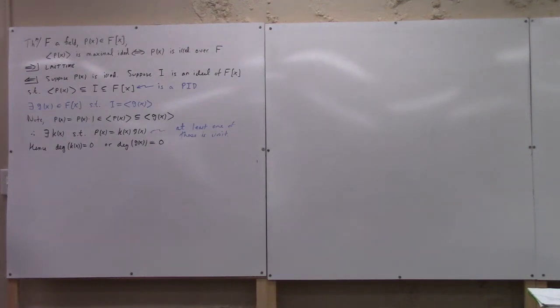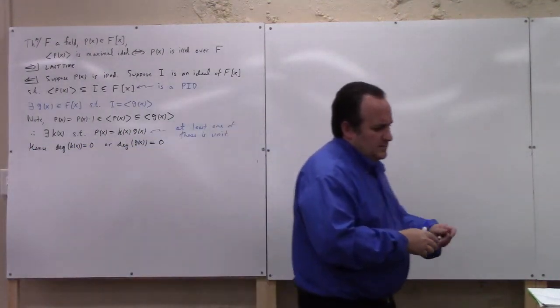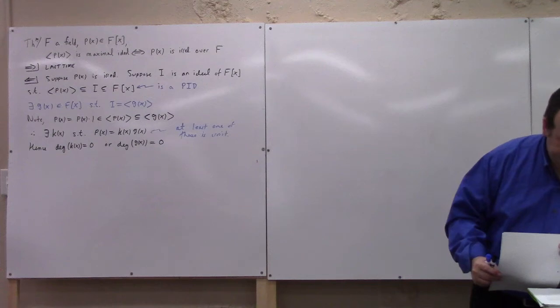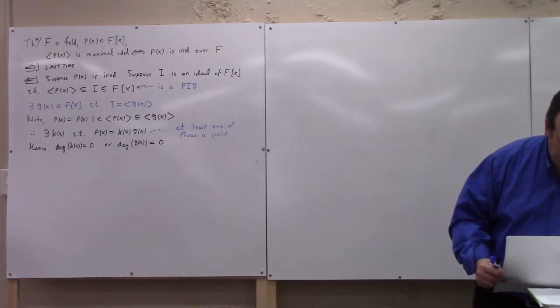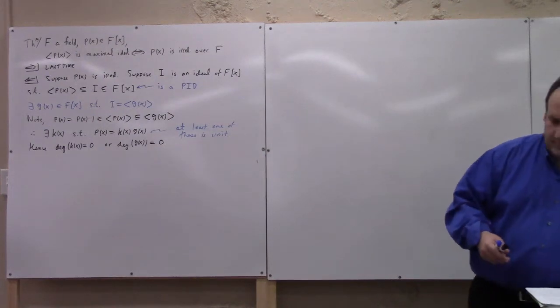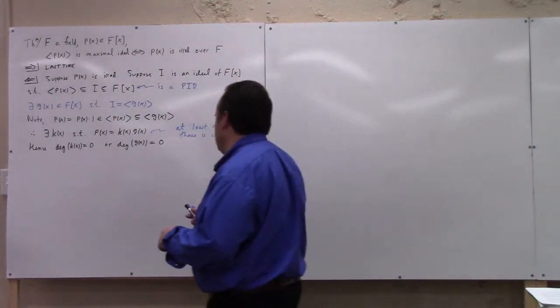Now, I might be remembering that wrong. I should probably look it up, but I'm not 100% sure. I'm forgetting at the moment. Yeah, not a unit. So irreducible can't be a unit.